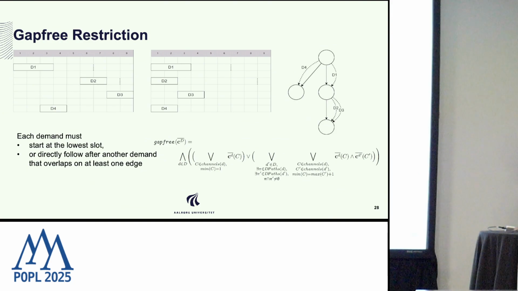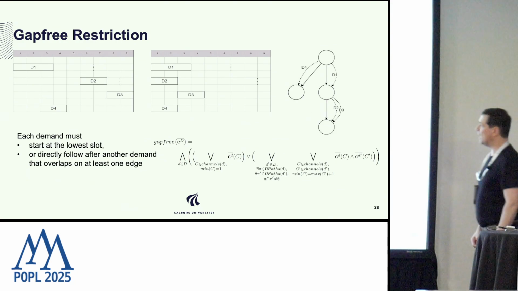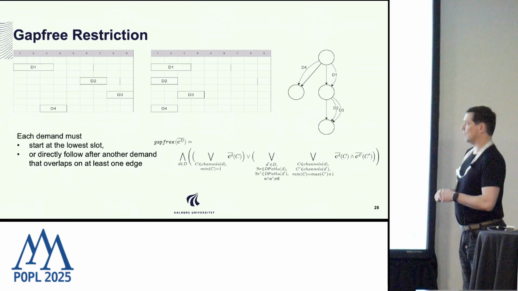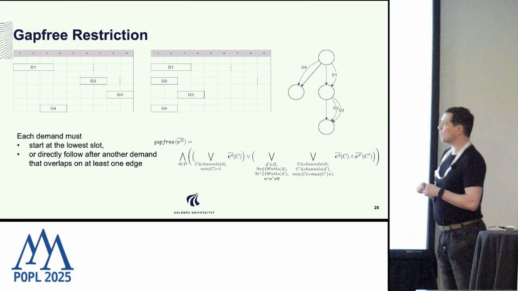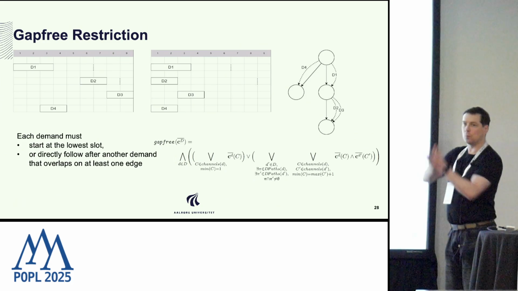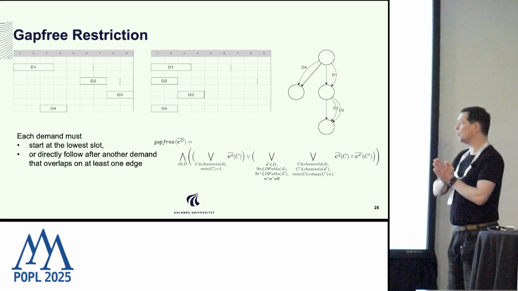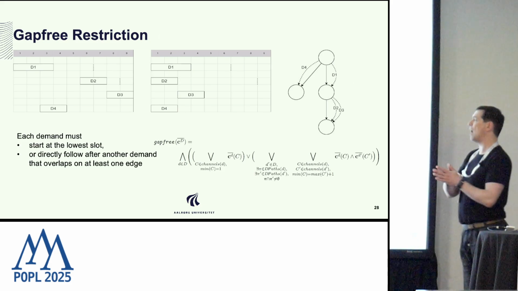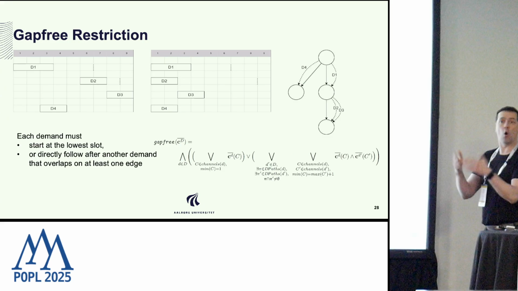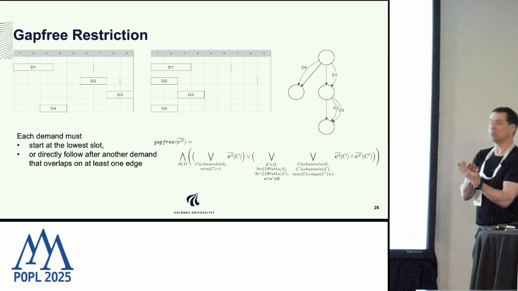We introduced another that is called gap-free restriction. And the idea is that in the optimal solution, we assume that every demand must either start in the lowest slot 1, or if it's not possible, it has to directly follow after another demand that overlaps with it at least on one edge.